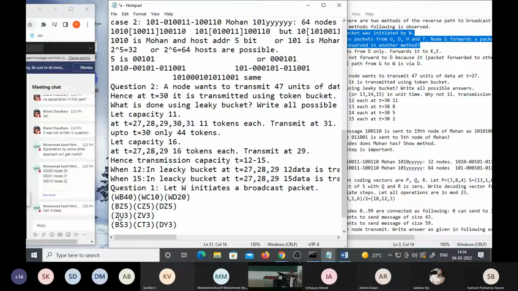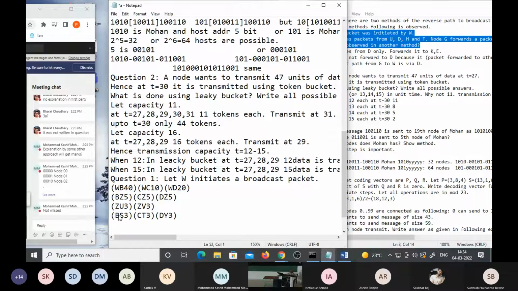What will happen under this case? Tell me what will happen under this case. Try to type in the chat.